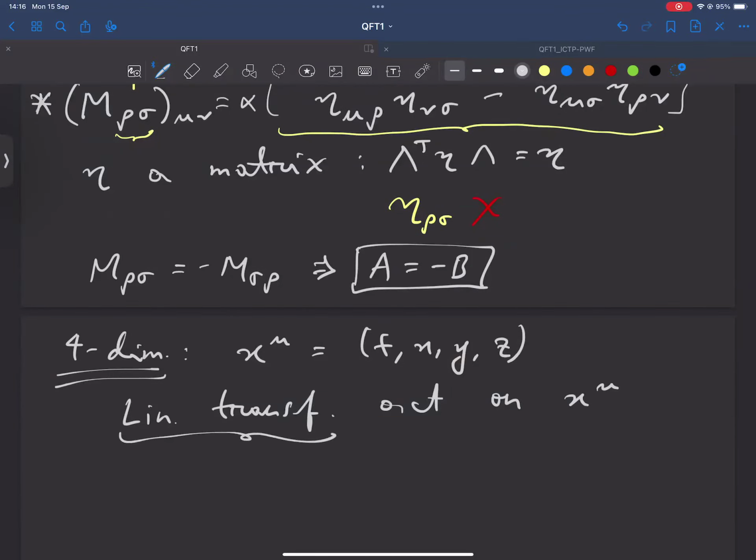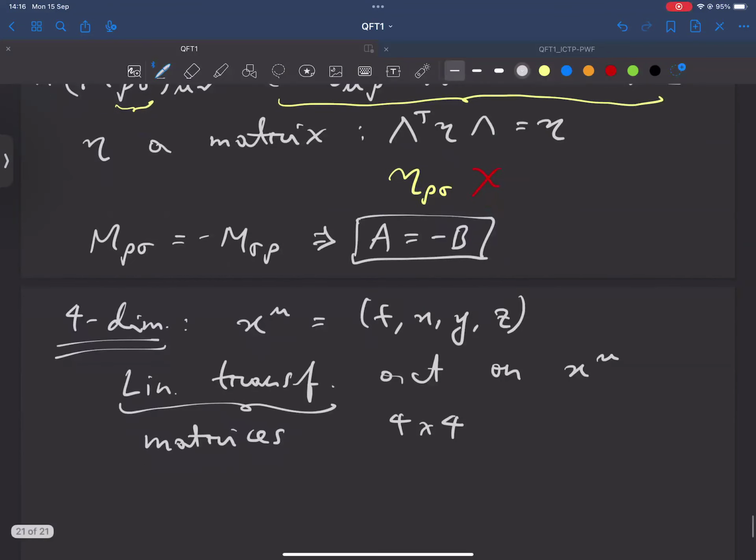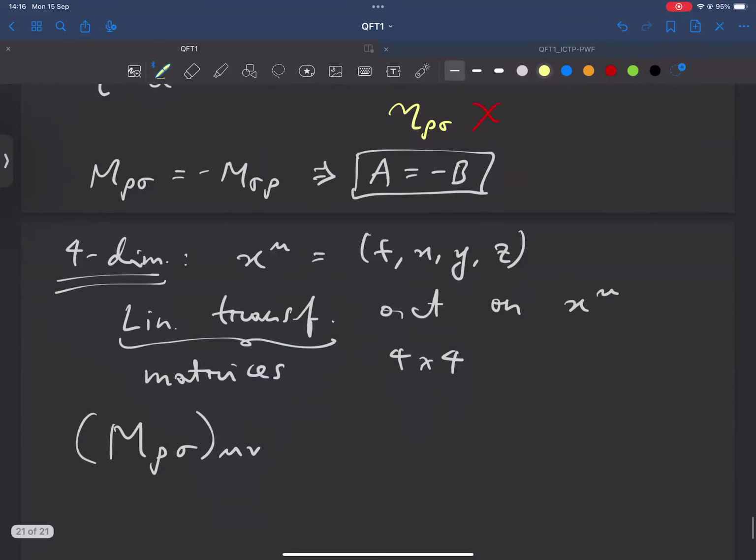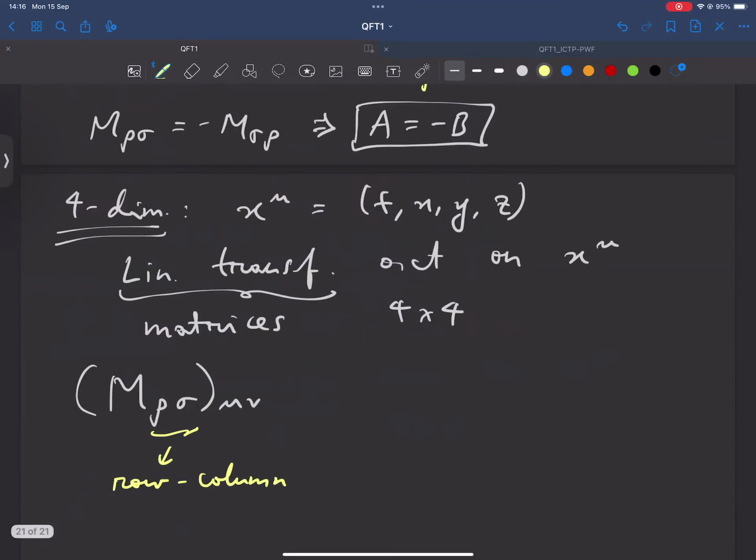So by linear transformations, you know that these are matrices, these are linear maps. So that gives us a 4 cross 4 matrix, okay? So in this notation, M rho sigma mu nu, this rho and sigma label the rows and columns of the matrices, okay? With rho being the row and sigma being the column. But these matrices also live in the physical space-time. So this mu nu are what label the space-time indices.